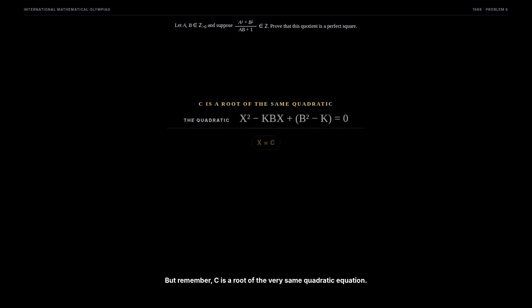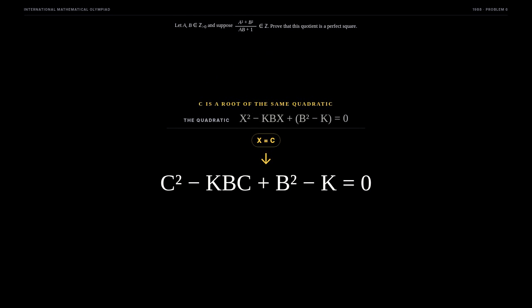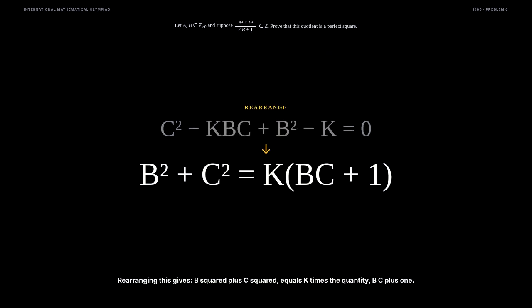But remember, c is a root of the very same quadratic equation, so it satisfies c squared minus kbc plus b squared minus k equals 0. Rearranging this gives b squared plus c squared equals k times the quantity bc plus 1.